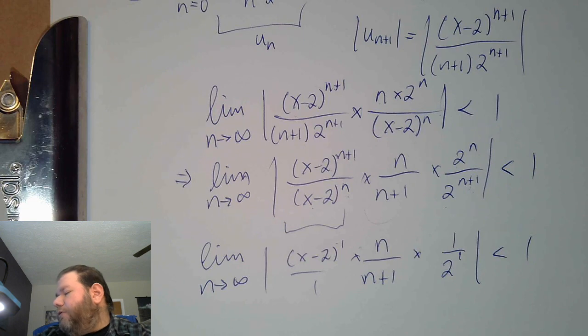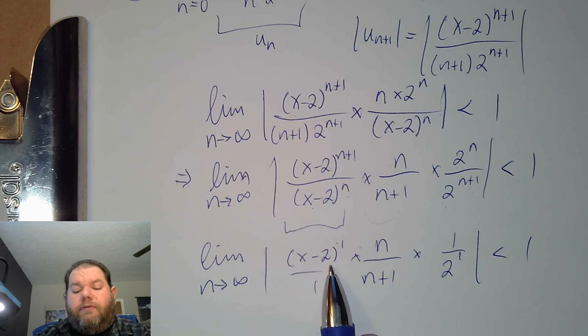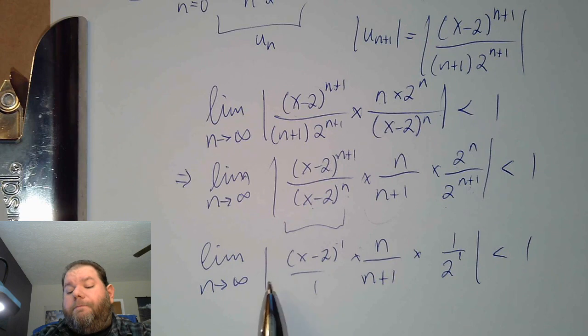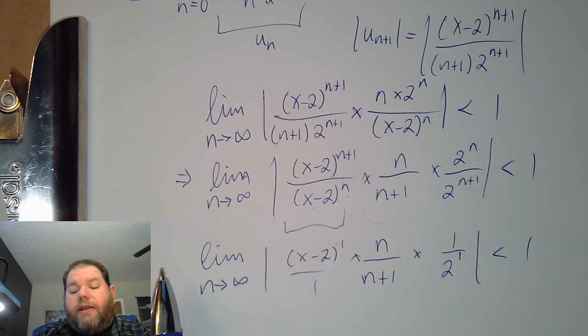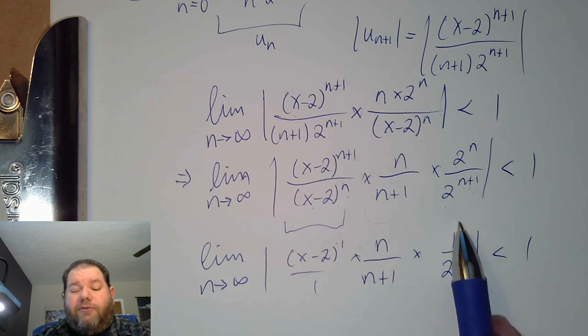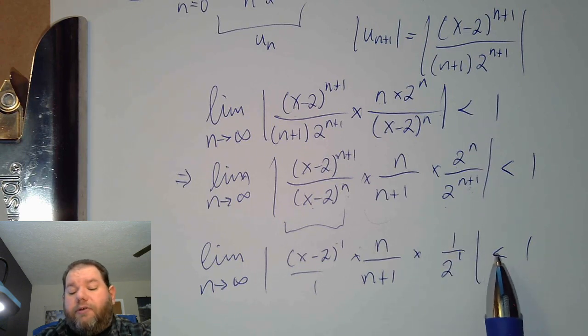Now we know from our previous examples that this first term, x minus 2 to the first, or just plain x minus 2, is no longer affected by n, so we could just factor that out of the whole thing. Likewise, we could take the 1/2 out if we want to, because it no longer has an n involved in that expression either.